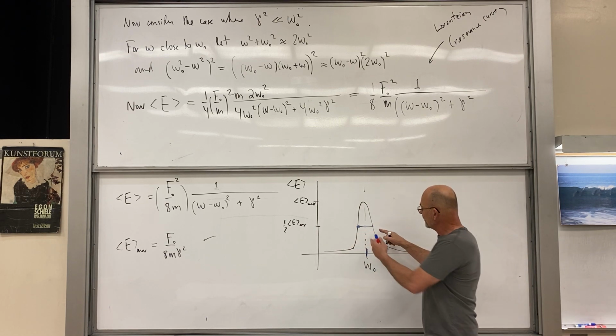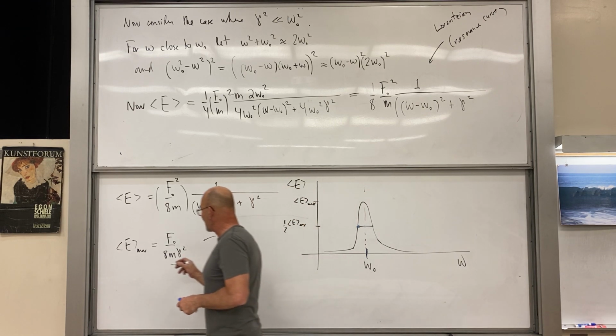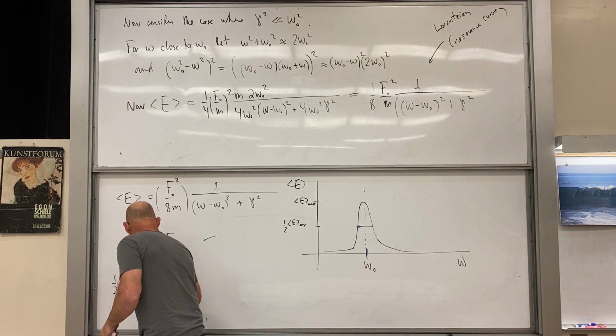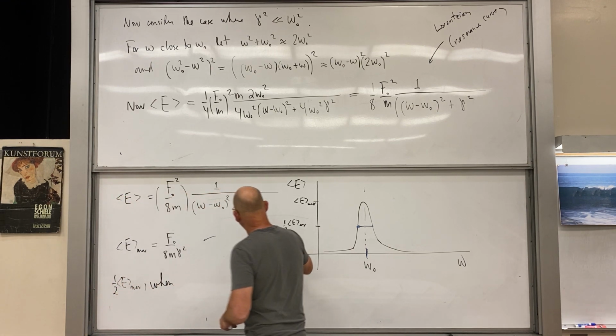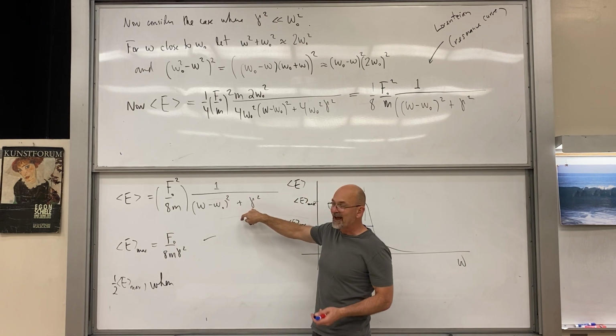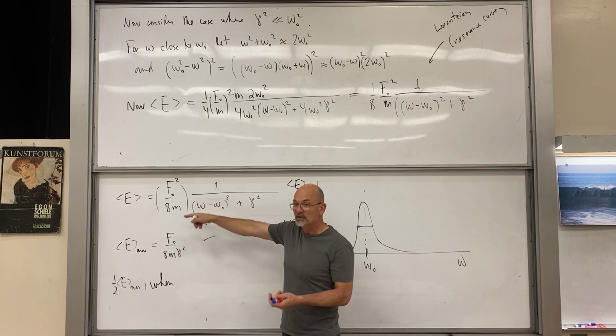We can get that width in the following way. So 1/2 E max, when omega minus omega naught squared equals gamma squared, because then we have 1 plus 1 is 2 gamma squared.